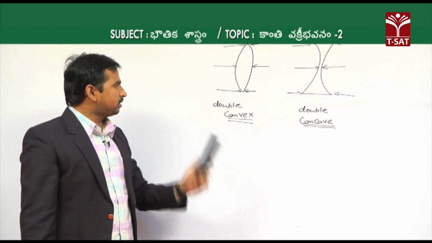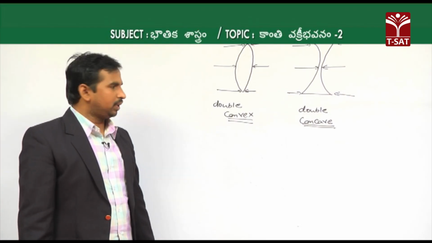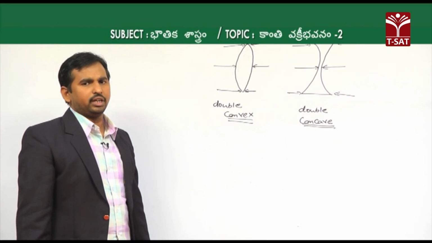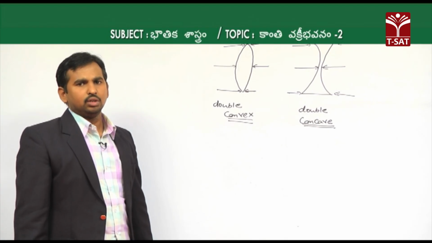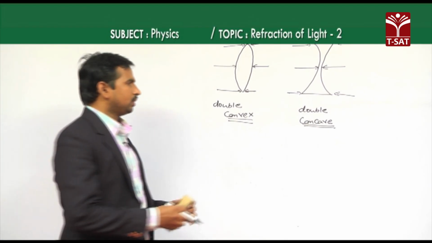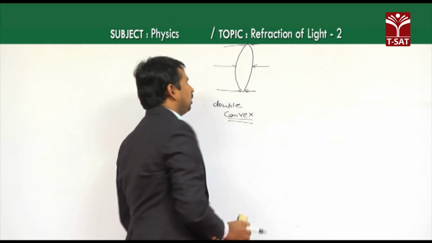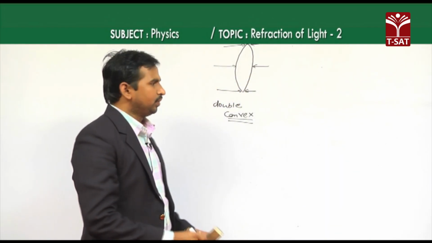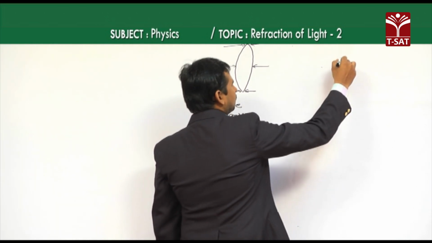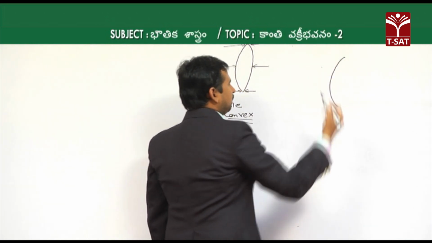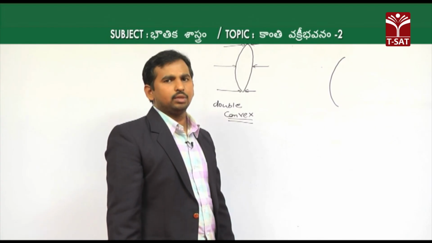Okay. Now we will see how a double concave lens and a double convex lens behave during the refraction effect. At first, we take a double convex lens. The light ray is coming from rarer to denser, starting from air.